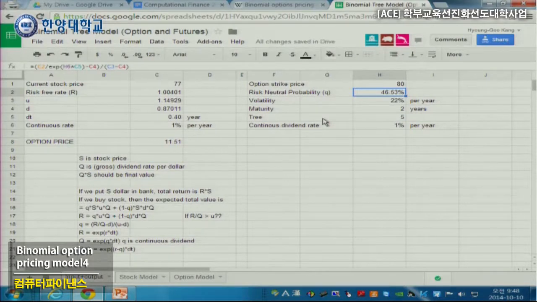Actually, if there is a dividend, it is more likely to exercise the American option earlier than at the final period. Do you think why?